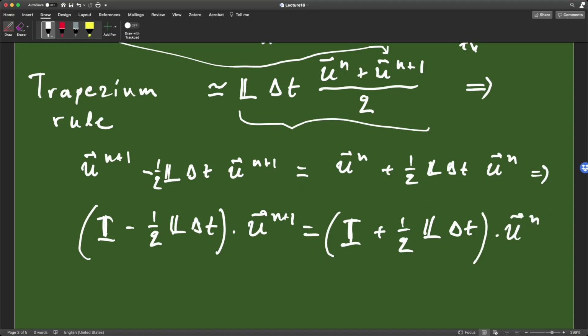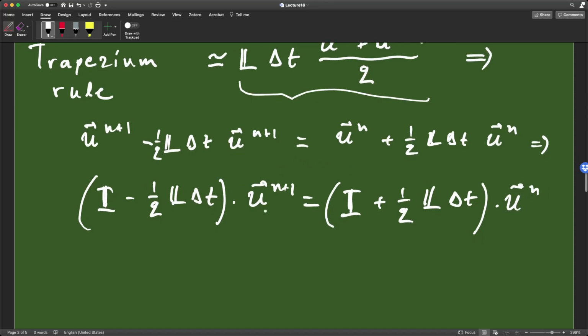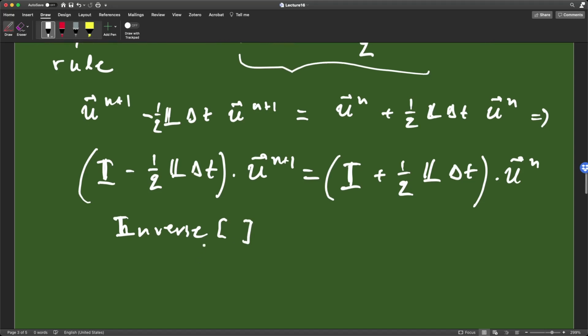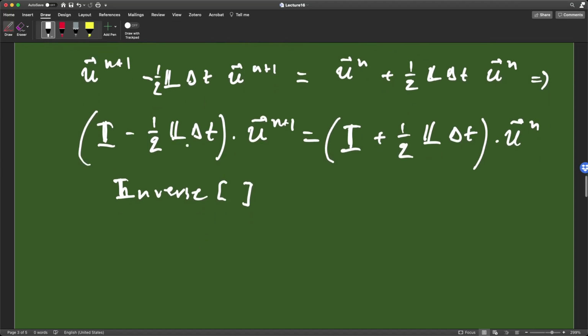Now this is a matrix multiplying Un, and we can simply invert this matrix using the Inverse command of Mathematica. So we can use Inverse to invert this matrix. That means the equation will be written like that.